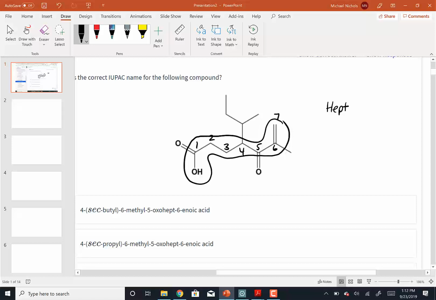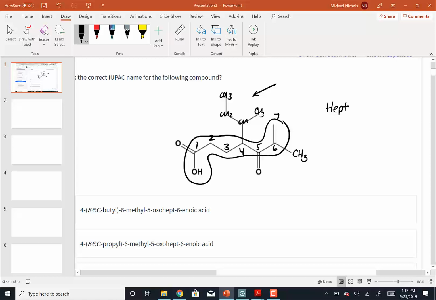Okay. And if I look at my substituents, I have a CH3 group here. I have a CH3, CH, CH2, CH3. So this group right here is called what? What's that alkyl group?